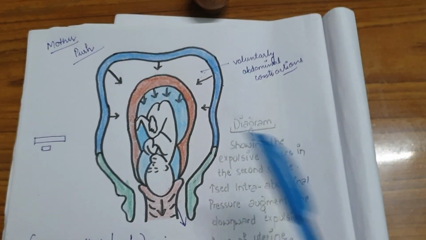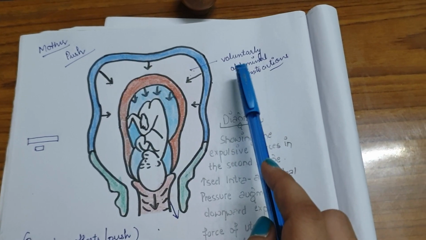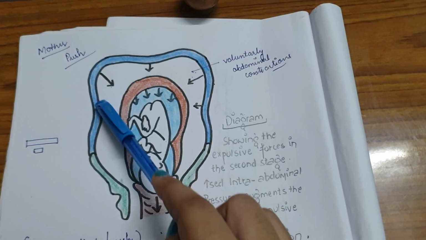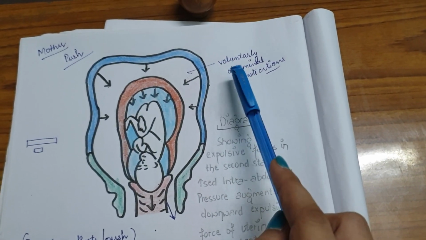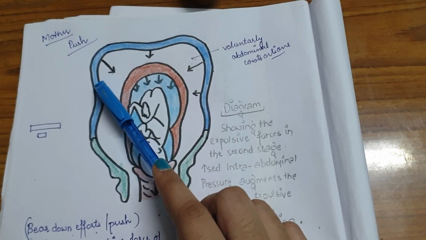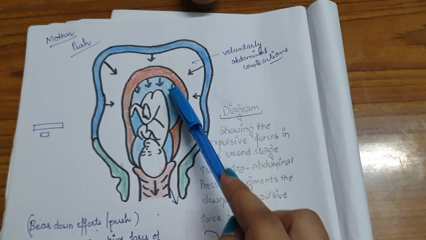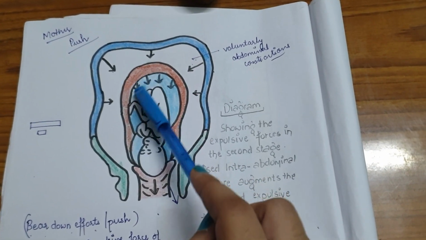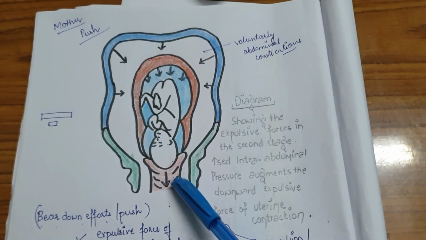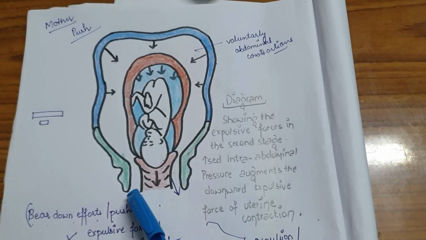Here in the diagram, when the mother pushes the baby downwards, there is a rise of voluntary abdominal contractions because of the maternal push, when the mother exerts pressure. And there are also the uterine contractions inside the uterus, which result in expulsion of the fetus by overcoming the pressure exerted by the lower uterine segment due to the elastic recoil.